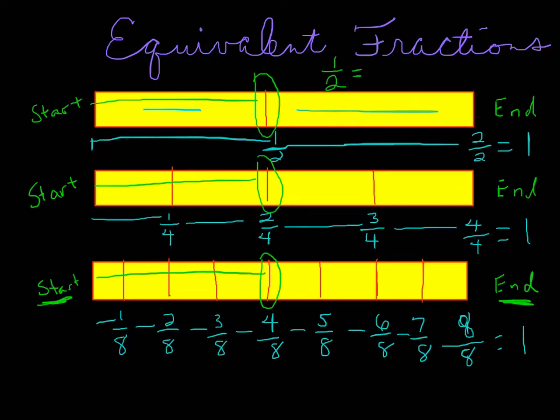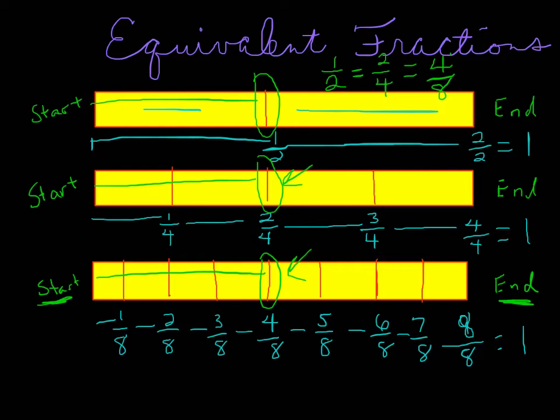I want to look at the second one right here and figure out, 2/4 must be the same thing as 1/2 because it's equal and it's the same split as the top. Now the pieces are a little bit smaller in the second one, but 2/4 is going to be exactly the same. And then let's go down to the bottom and see, 4/8 also looks to me like it's equal to 1/2.